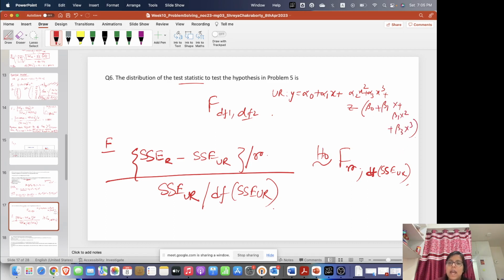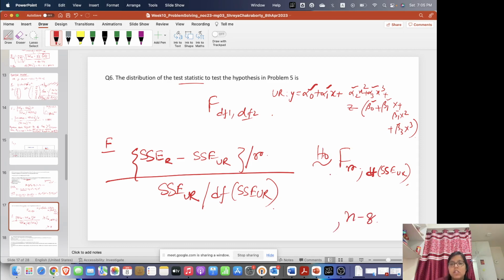Okay, so we had 1, 2, 3, 4, 5, 6, 7, 8 parameters to estimate from the unrestricted model. So then the DF of SSE unrestricted would be n minus 8.